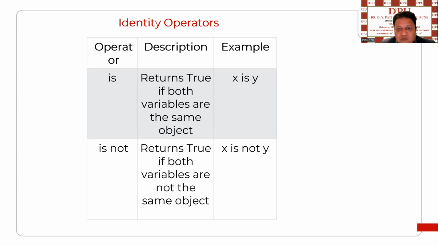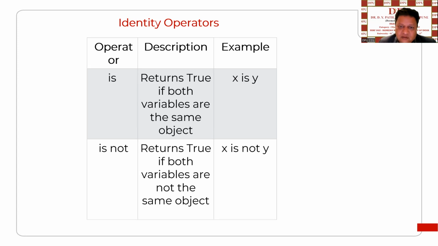Now I use is not on the same two variables, that is x is not y. So what will I get for the second one, is not? Which Boolean value will I get? May I know the answer from you guys? x is not y, what Boolean value will I get, true or false?